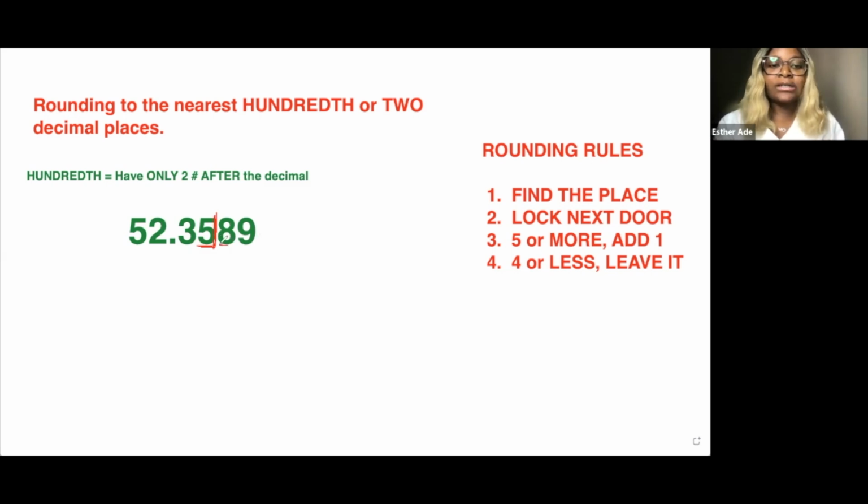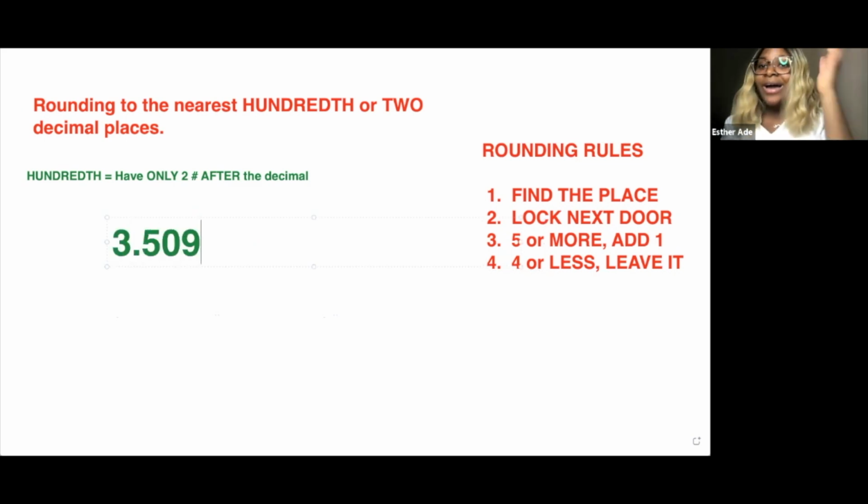Again, focus on the immediate number after your gate. Don't focus on the other one. This is 8, right? It's 5 or more, so it can come over here as plus 1. So my answer would be 52.36.